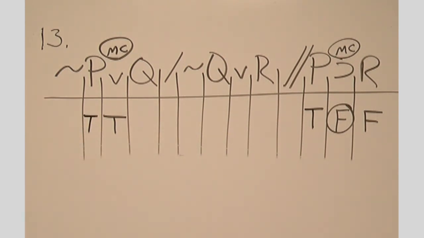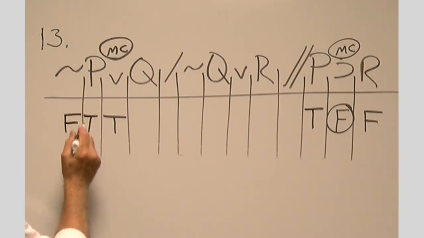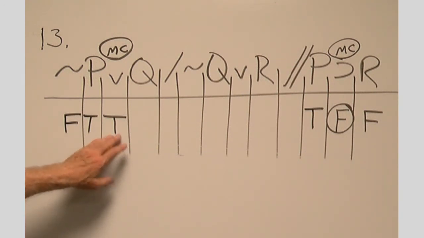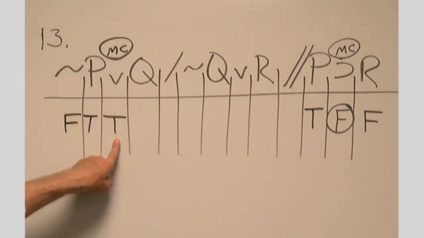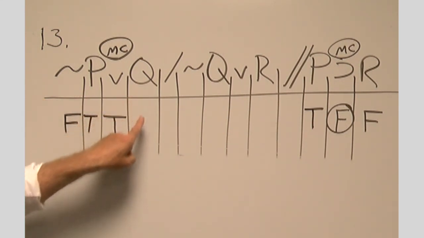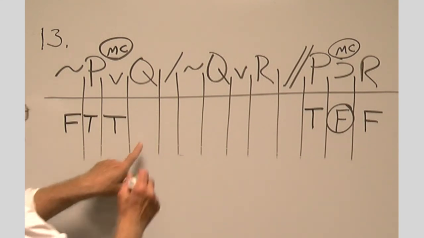But wait a minute. Thinking like a detective, if P is true, not P must be false. And again, thinking deductively, if that wedge is true and the left side is false, that forces the right side to be true.